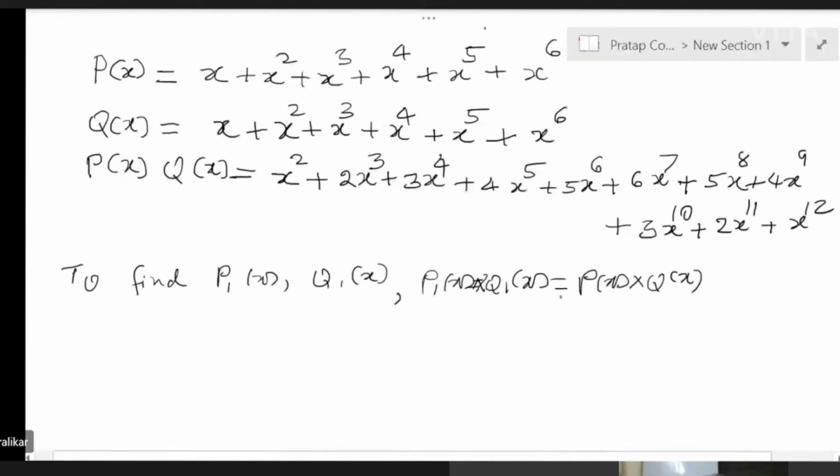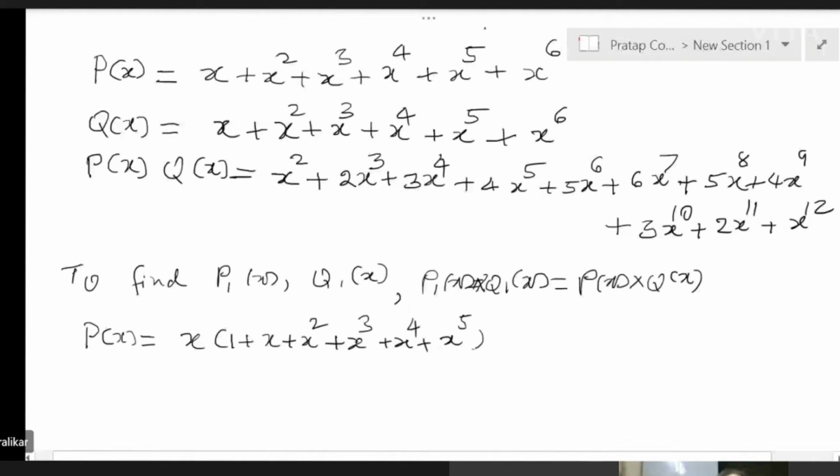So the easiest way to do this is, of course, to factorize Px and Qx into irreducible factors. Anybody can do it. I think the school children can do this. We have taught this to 8th and 9th standard students. I can take x out, and what remains is, and each one is the same, Px and Qx are the same here, x cube plus x4 plus x fifth, 6 terms.